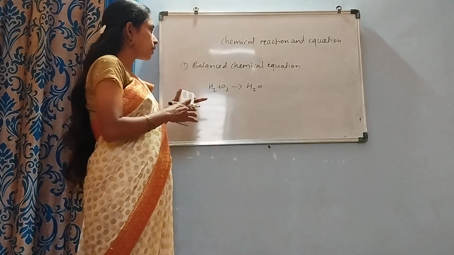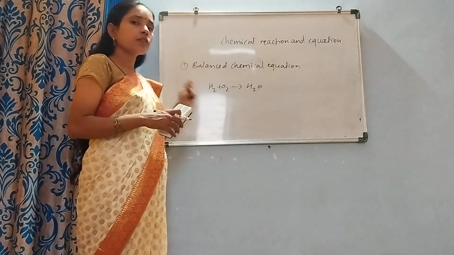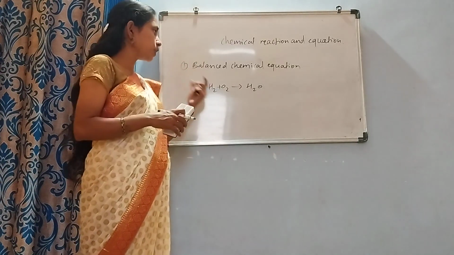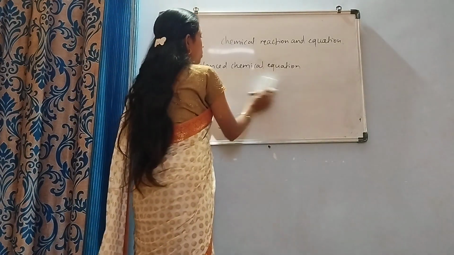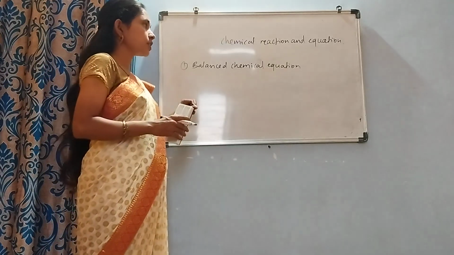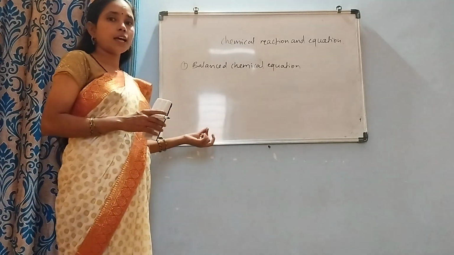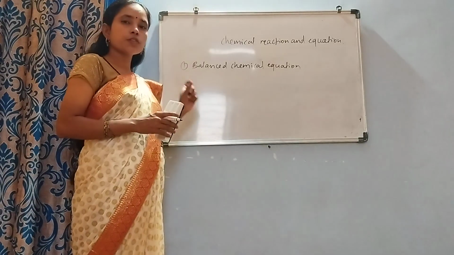But whenever we are doing or following a reaction, we have to balance it. Why do we have to balance it? Because it has to follow the law of conservation of mass. Already in our earlier classes, 9th and 8th class, we studied the law of conservation of mass.